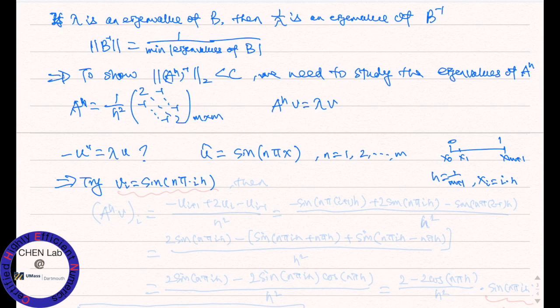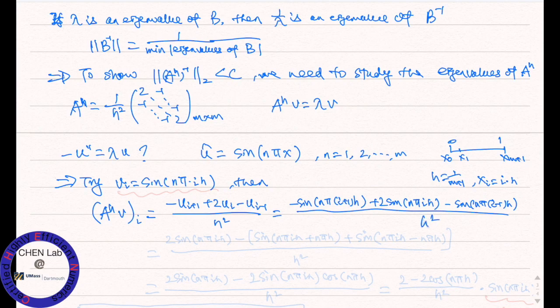So then what do we have? AH V is a vector, and its i-th component is equal to negative u i plus 1 plus 2 ui minus u i minus 1, divided by h squared. Plug those in: negative sine of m pi (i plus 1)h, plus 2 sine of m pi ih, minus sine of m pi (i minus 1)h, divided by h squared.